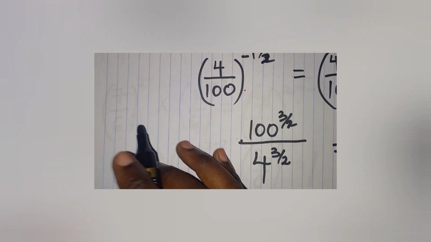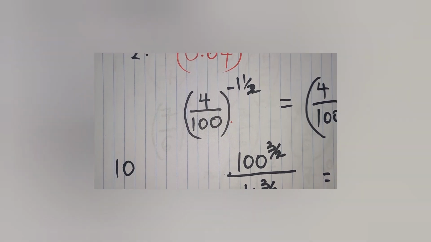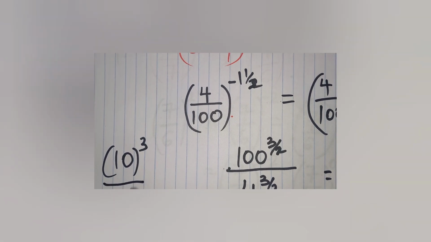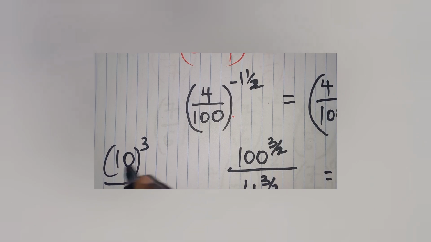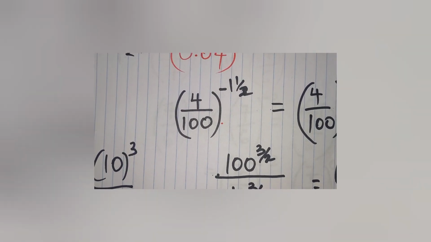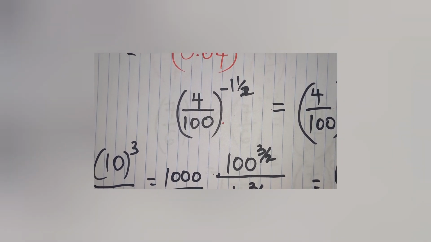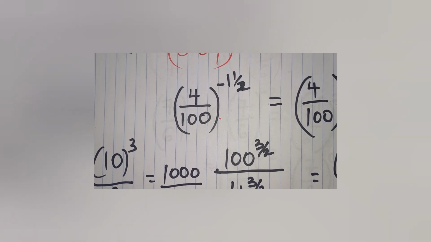Let me use this space here. Root of 100 is 10, so 10 raised to power 3. Root of 4 is 2, so 2 raised to power 3. So 10 raised to power 3 will be equal to 1000, and 2 raised to power 3 is going to be equal to 8.